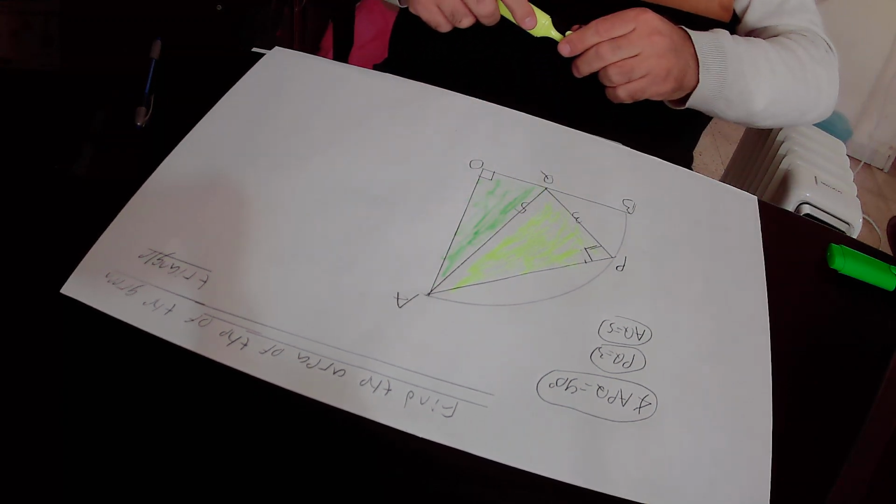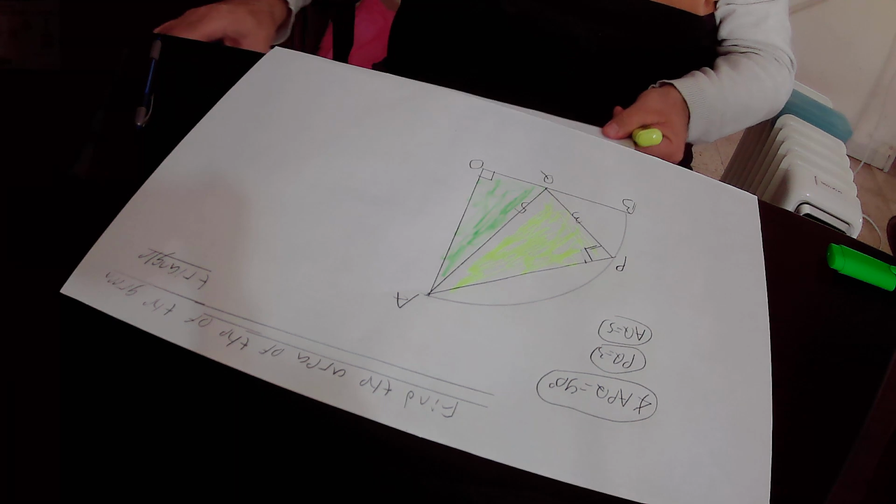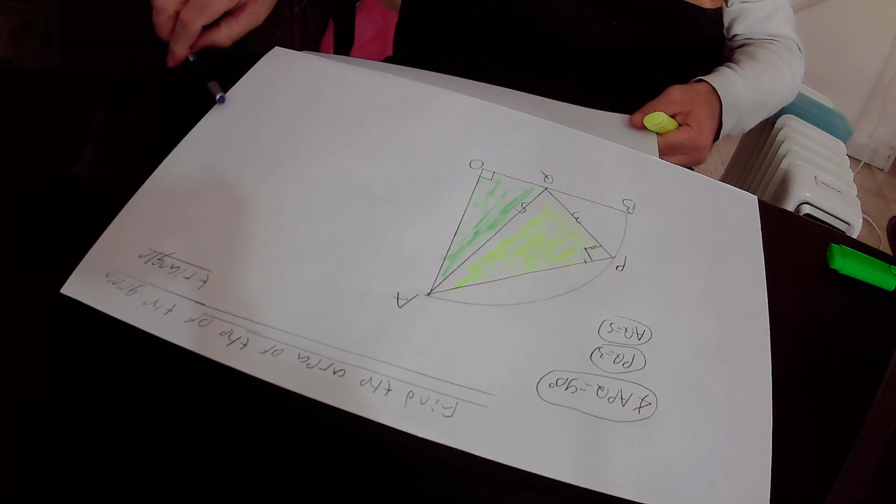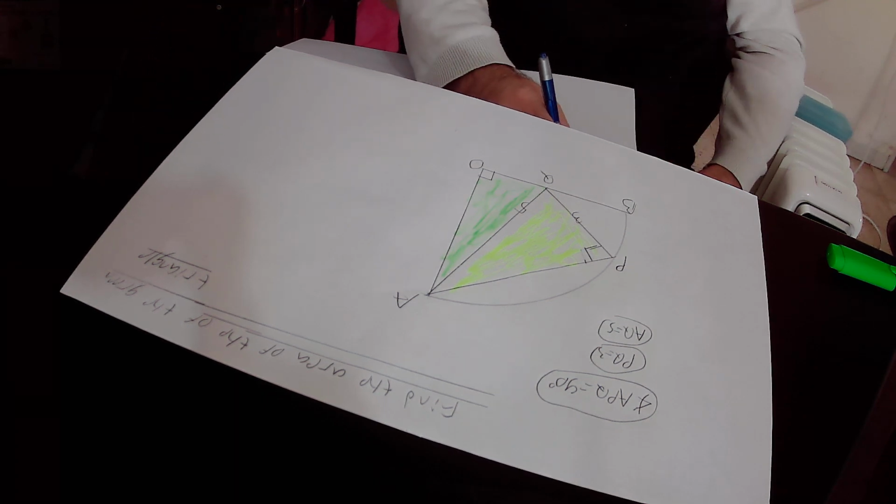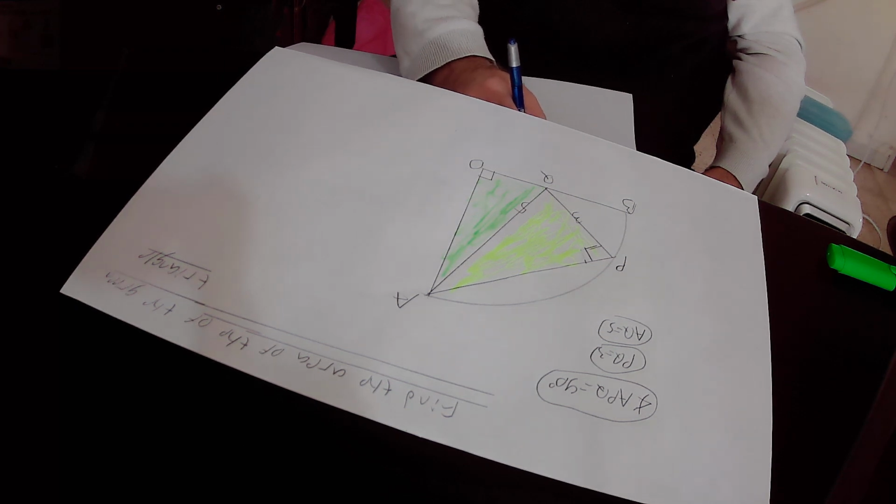So, in the right yellow triangle APQ, here is the relation for the Pythagoras theorem.